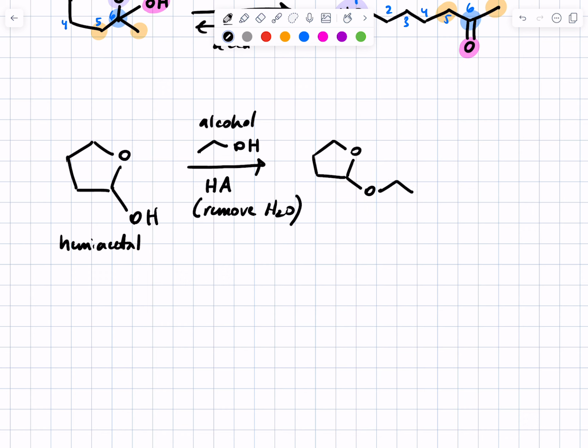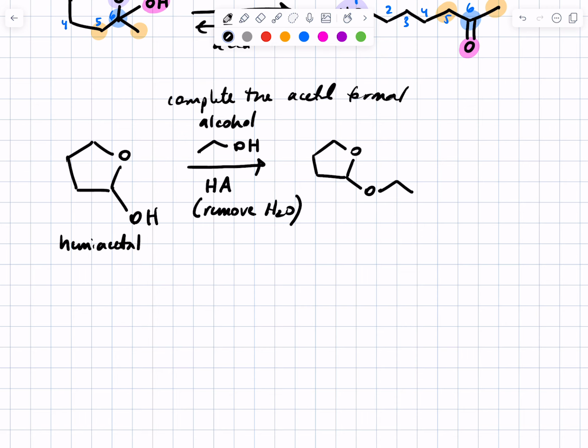Now, some of you looking at that, if you're struggling with pattern recognition, you're thinking this is just a simple SN2 reaction where the alcohol kicks off the OH group. And that's exactly the wrong thing, because this is not an alcohol. This is a hemiacetal. What you're looking to do here is to complete the acetal formation.